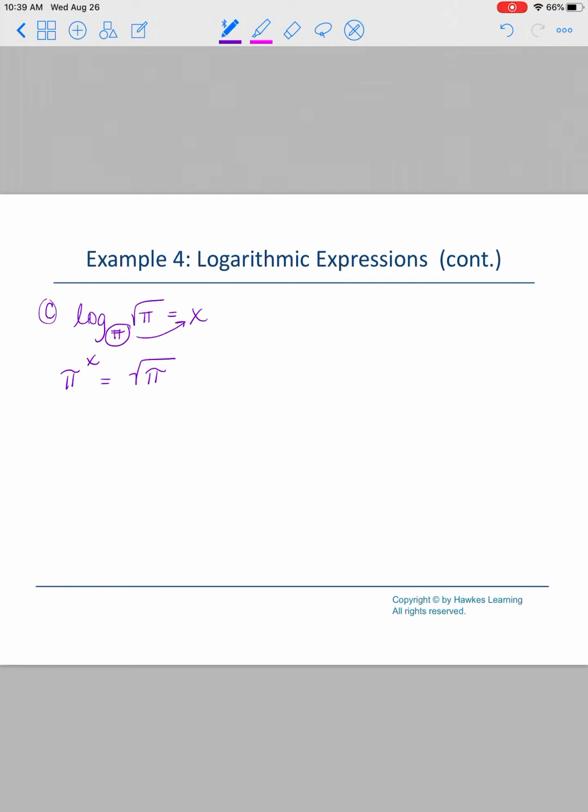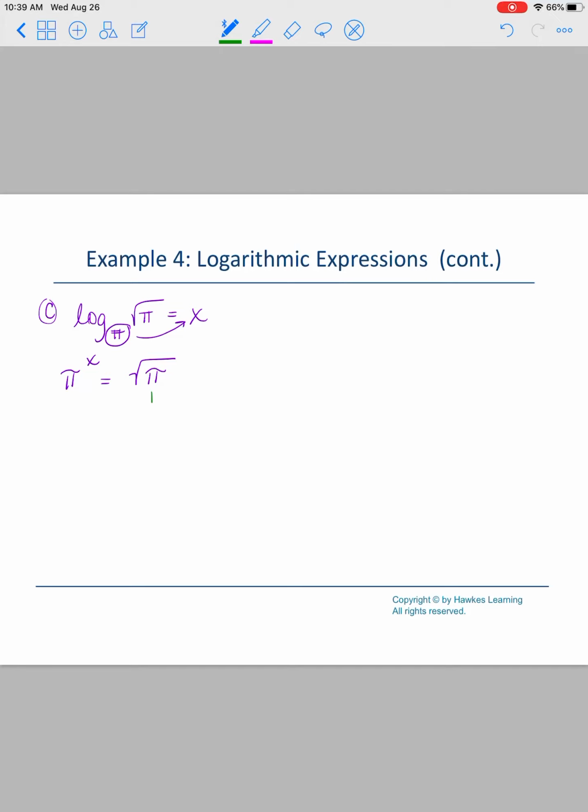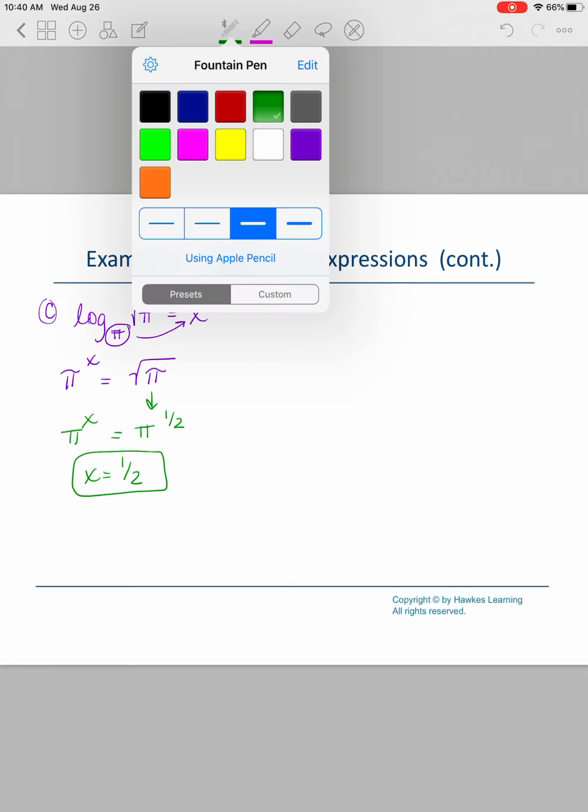Okay, so what does x have to be? Well, if you know your notation for square roots and cube roots, the square root of pi is actually pi to the 1/2 power. And if that equals pi to the x, my bases are the same, so what does x have to equal? x has to equal 1/2.